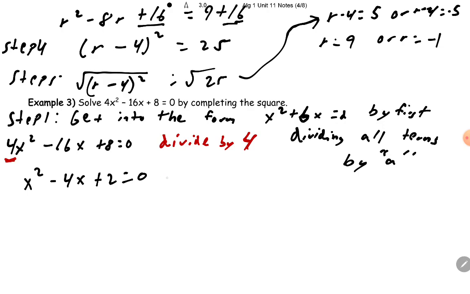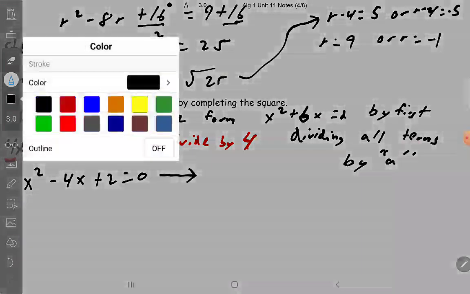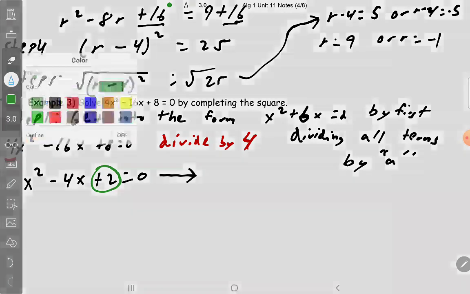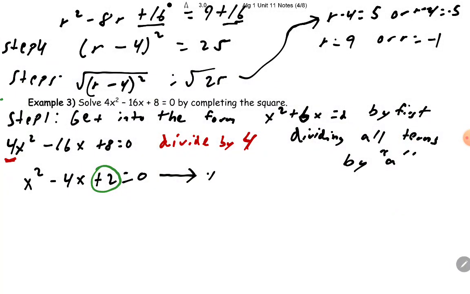But it's not done yet because we still need to convert it into x squared plus bx equals d. And all we need to do is move this guy. So x squared minus 4x equals, so we have a plus 2 to move it to the other side. I subtract 2.